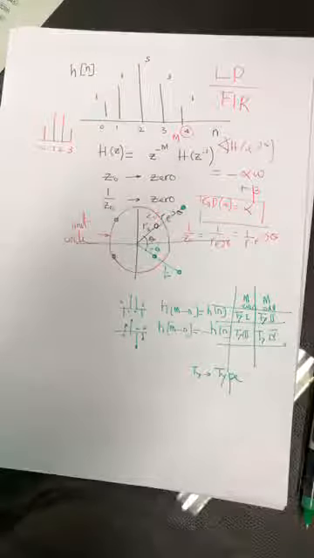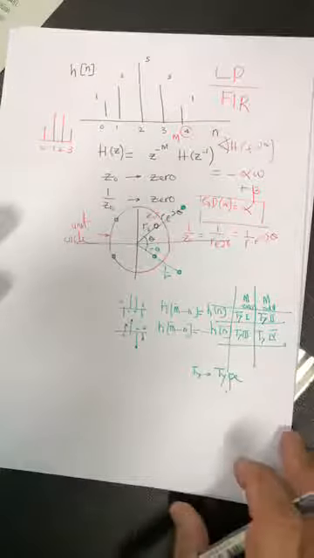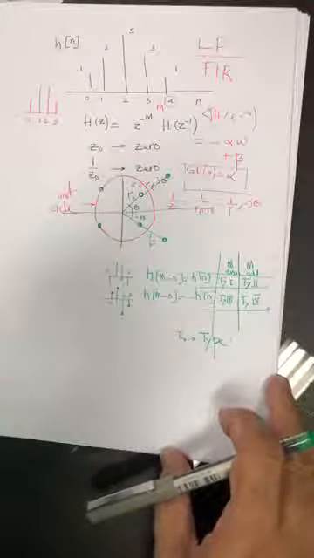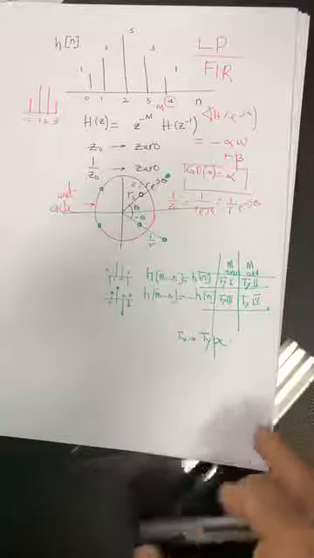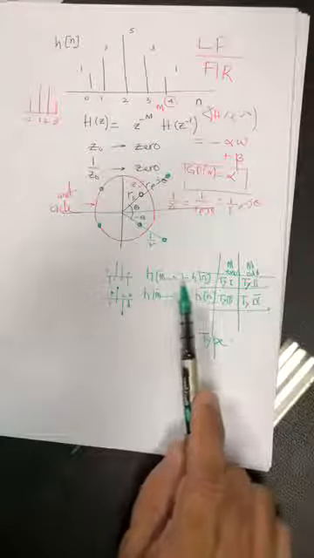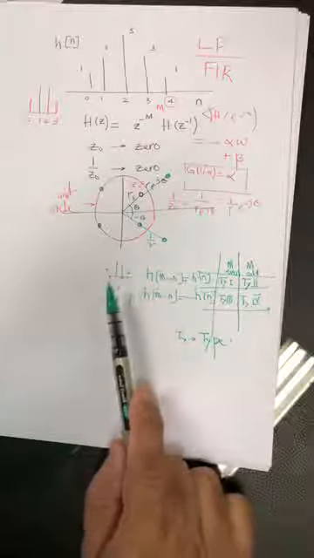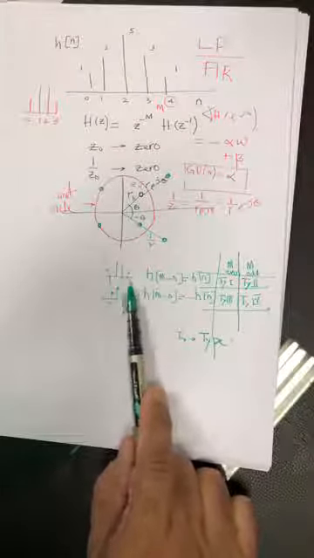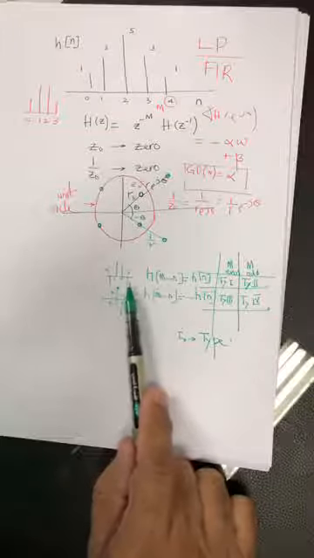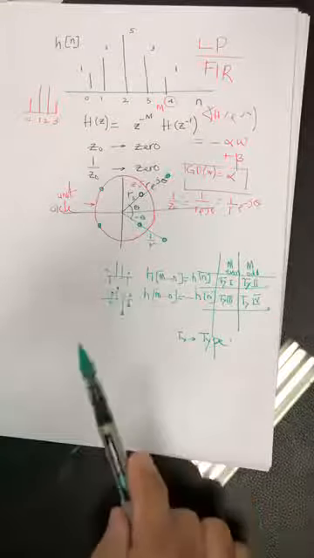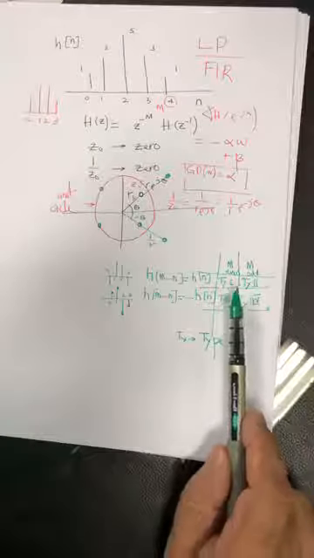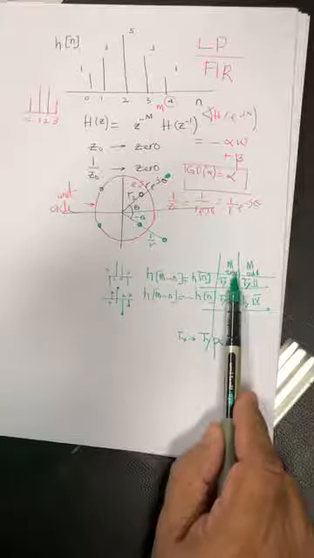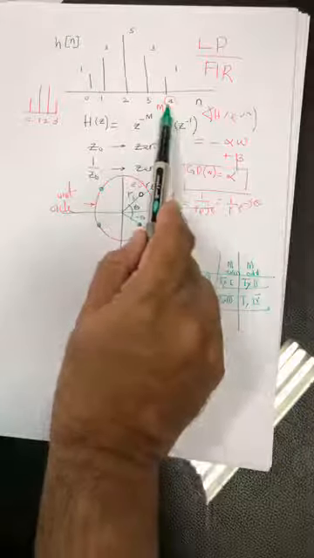Knowing this, linear phase FIR filters are divided into 4 types. It may be symmetric, where for every coefficient you have a copy of that coefficient: the first and the last, the second and the second last. If M is even, this is a type 1 filter.